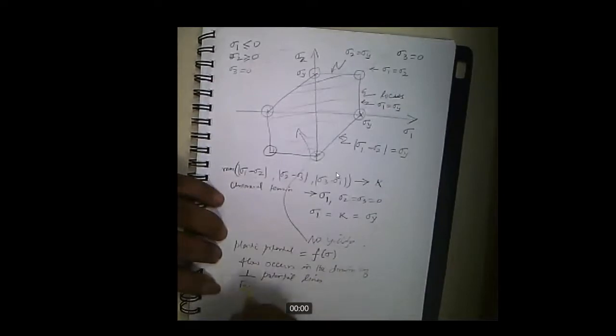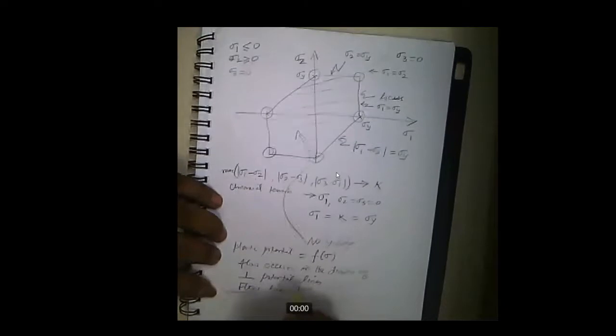In other words, flow lines are perpendicular to potential lines.